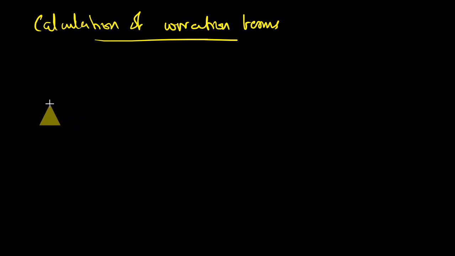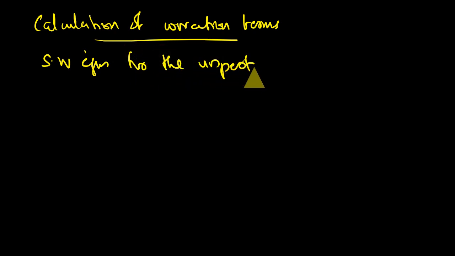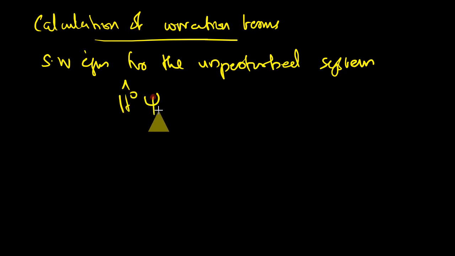We already know the Schrodinger wave equation for the unperturbed system. The Schrodinger wave equation for the unperturbed system is H cap 0 psi n0 is equal to En0 psi n0.